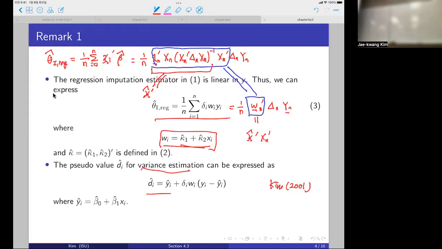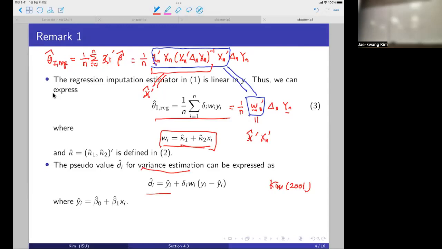But if delta is 0, we do not observe y, but we do observe X, so that we can compute y_i hat. We use y_i hat to compute and estimate the variance.